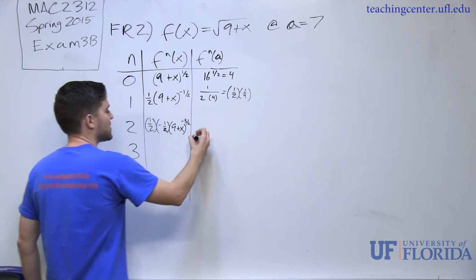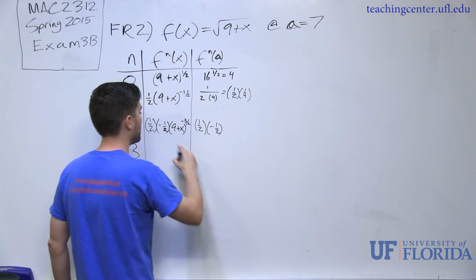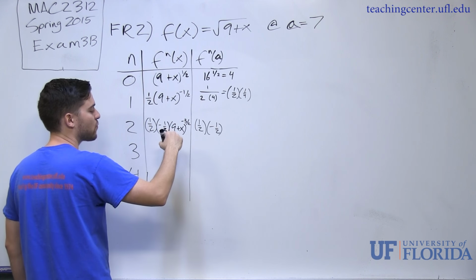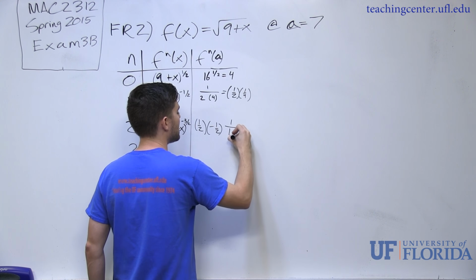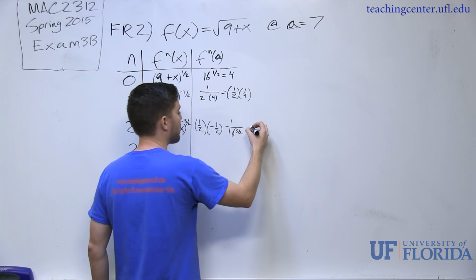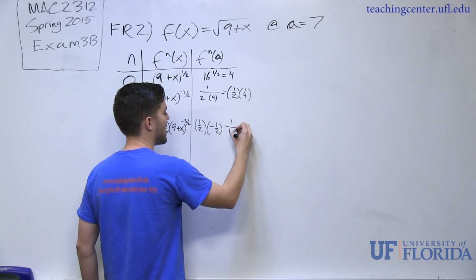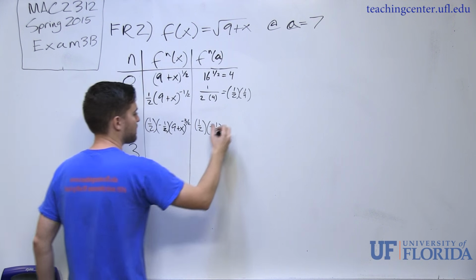When I plug this in, I get 1/2 times negative 1/2, and 9 plus 7 to the negative 3 over 2, so that's 1 over 16 to the 3 over 2, which would be 1 over 4 cubed. So I'm going to rewrite this as 1 over 4 cubed.